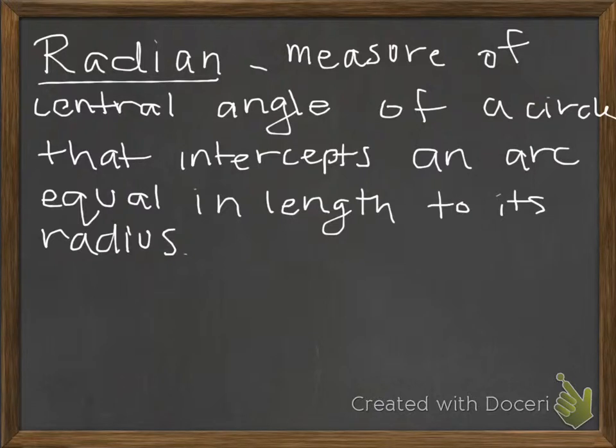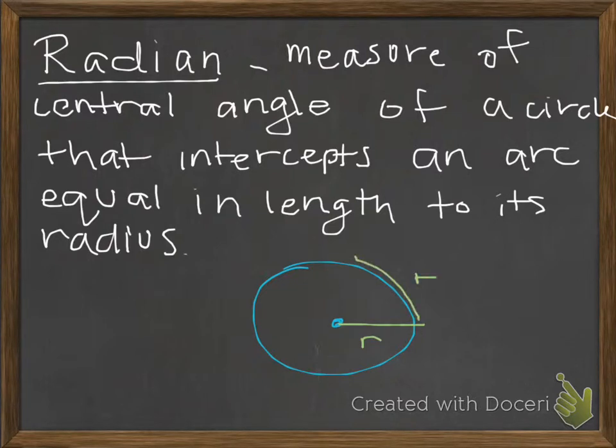Now this is very wordy and very confusing, so I'm going to draw a picture to help you understand. So here we have our circle, and let's say the radius is right here of length r. Imagine picking up this green segment and laying it on the arc of the circle.